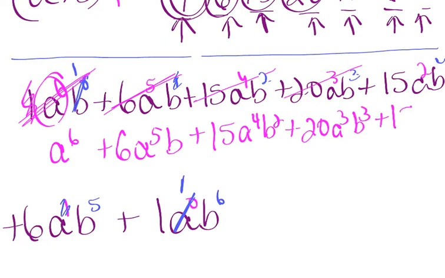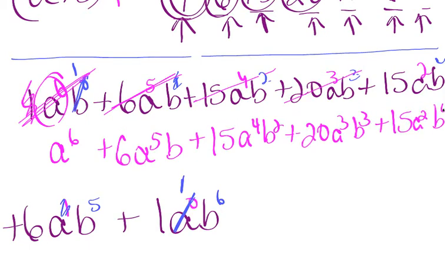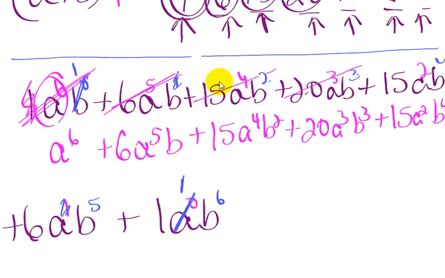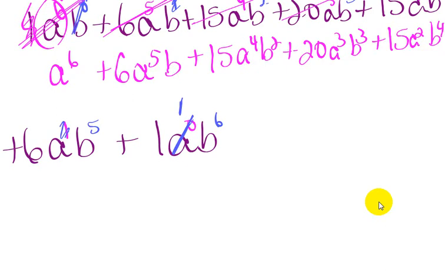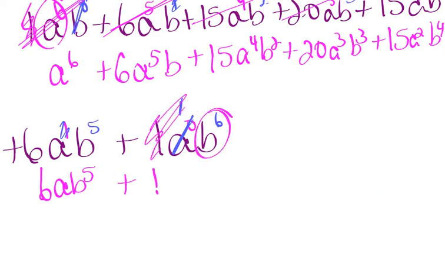Same thing here, 15 a squared b to the 4th. And now my next term is going to be 6 a b to the 5th, plus 1 times 1, which is 1, times b to the 6th. So it's just b to the 6th.